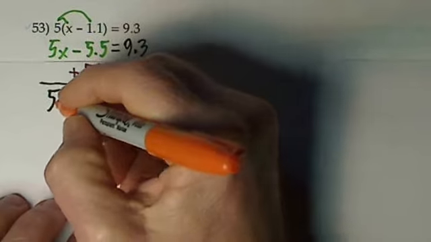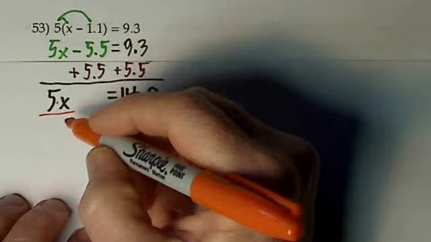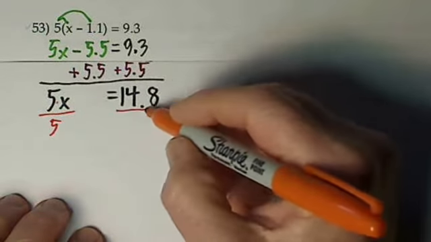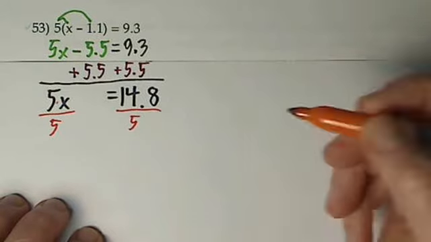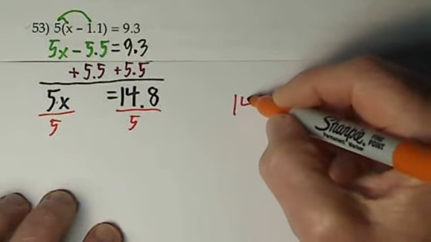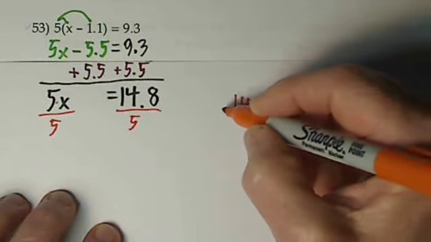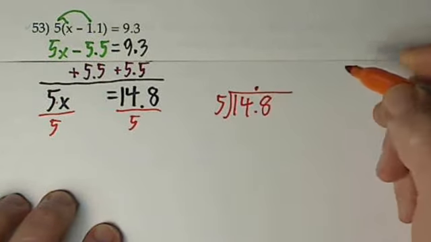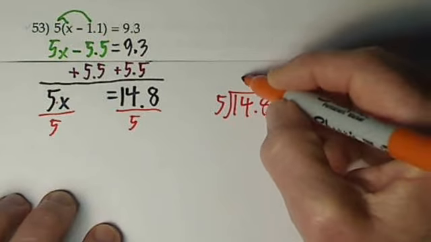It's held there by multiplication. So the opposite is division. If I divide one side by 5, have to divide the other side by 5. And 14.8 divided by 5, don't forget to tell the world about that decimal, goes in there twice.